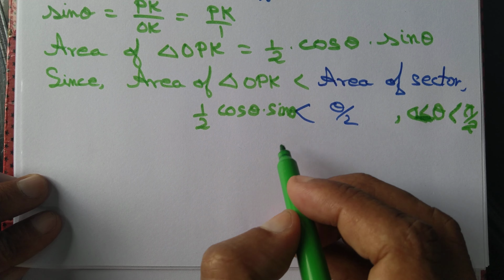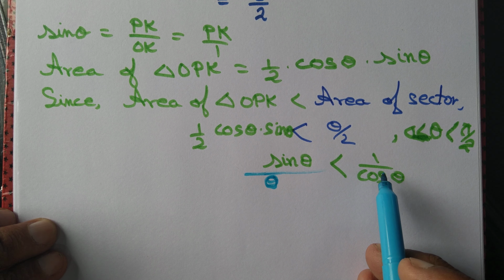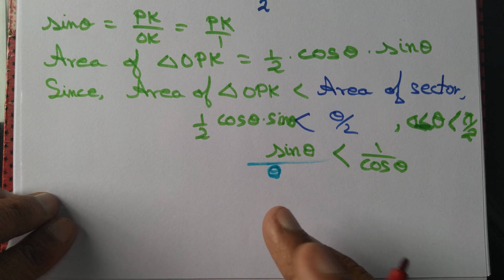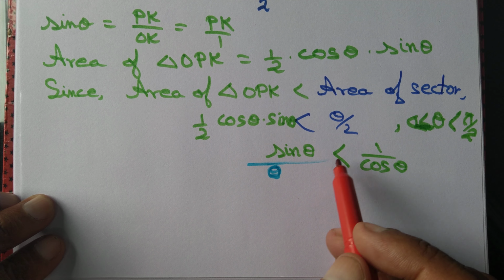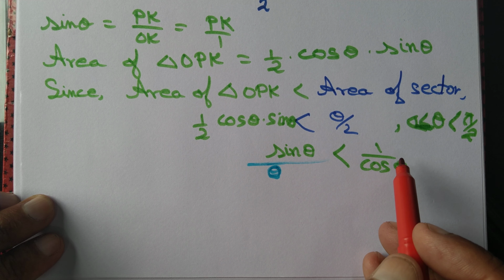Okay, we got sin theta by theta is less than or equal to a quantity nearly equal to 1. Can I say 1 by cos theta is nearly equal to 1? As theta is nearing 0, 1 by cos theta is, yes, nearly equal to 1. So we did show that sin theta by theta is less than 1 by cos theta, a quantity that is nearly equal to 1 as theta tends to 0.